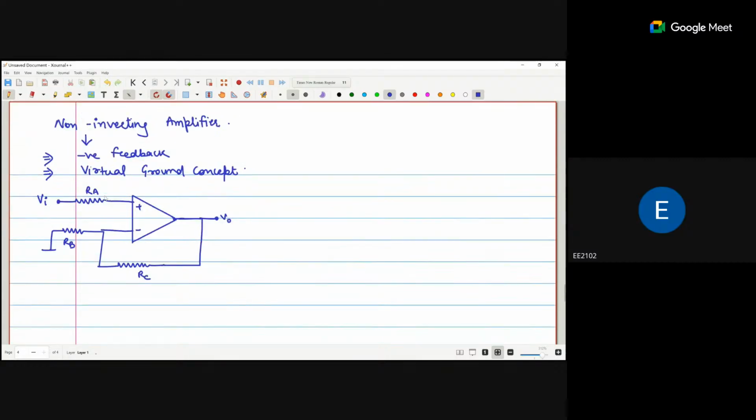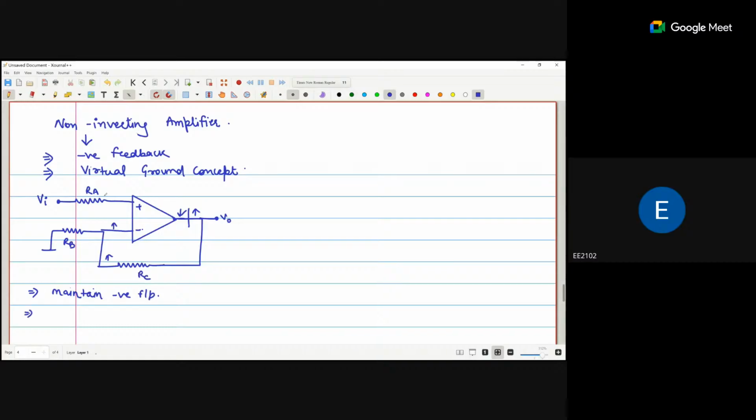Why? We maintain the negative feedback. Just check, break the loop, increase the voltage. Voltage will increase here, voltage will increase here, multiply with negative, voltage will decrease. So we maintain negative feedback.